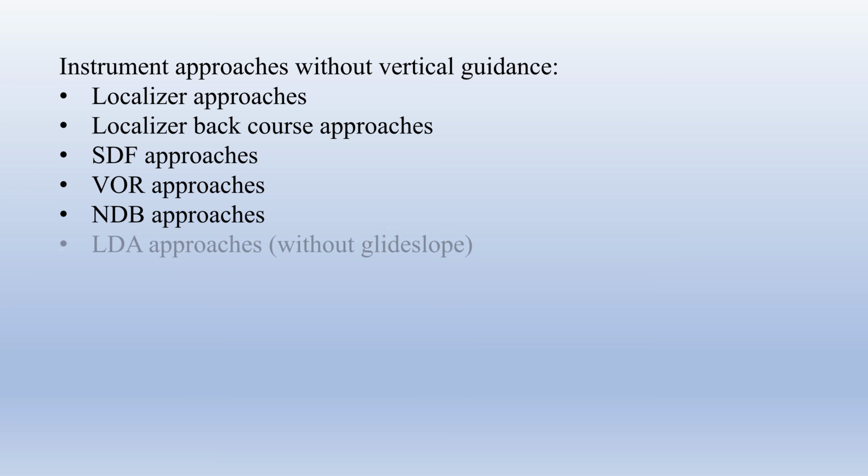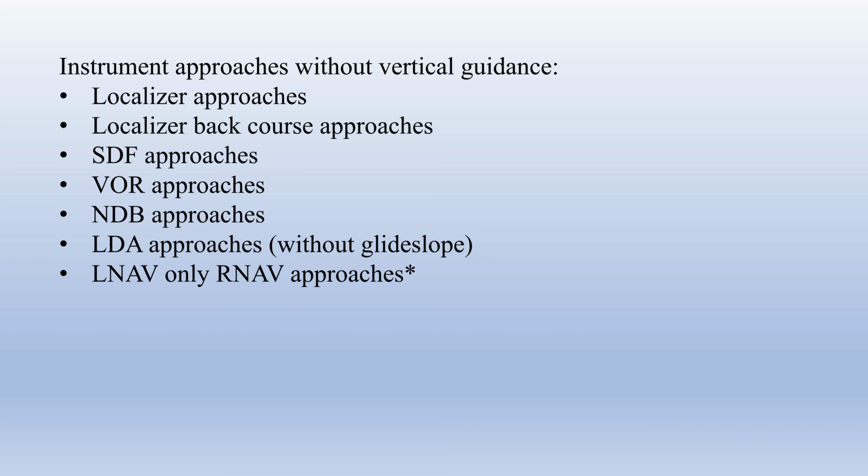There are also some LDA approaches that do not have a glide slope, so they do not have vertical guidance. And then in the real world, there are some LNAV approaches or RNAV approaches that are LNAV only, that don't have any sort of vertical guidance. But in Flight Sim, it looks like all the LNAV approaches have been converted to LNAV plus V approaches, so they do have advisory vertical guidance in Flight Simulator.